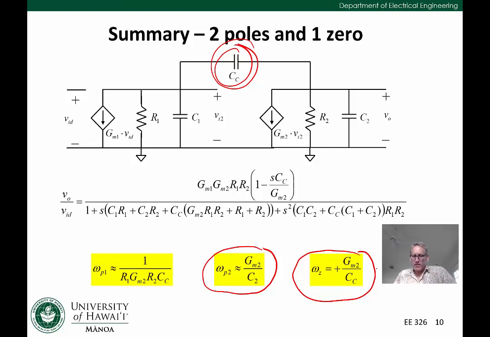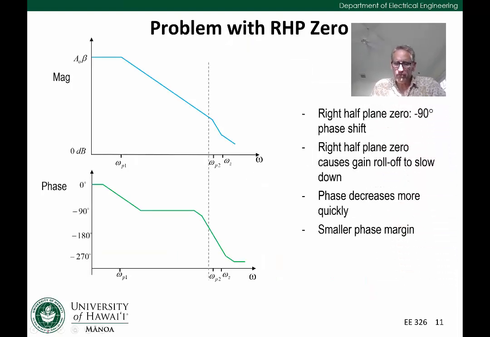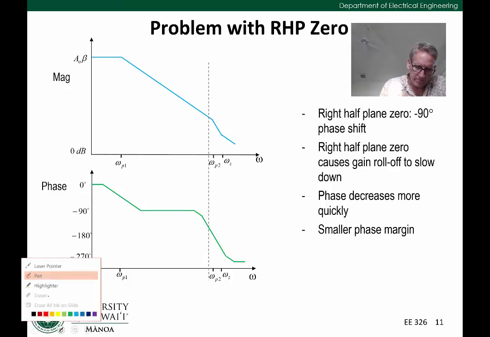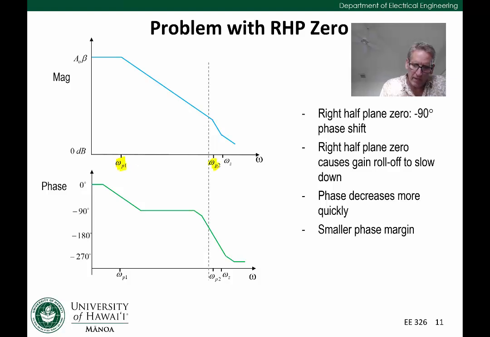Okay, so let's look at the Bode plot now for this, now that we have a sense of where these poles are and where the zeros are, and see if there are any issues. So this is an approximate Bode plot, and we can see magnitude and phase. Notice that I have labeled omega p1, omega p2, and omega z in both.